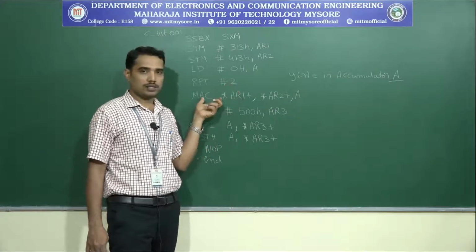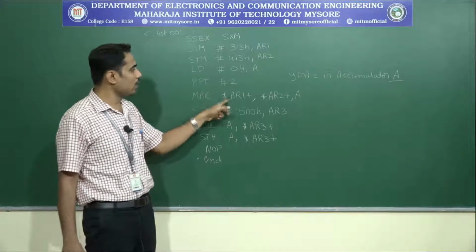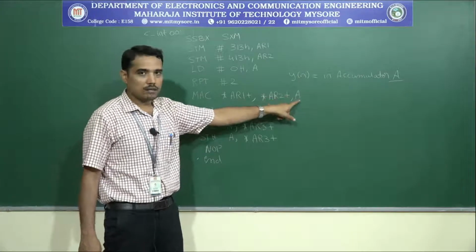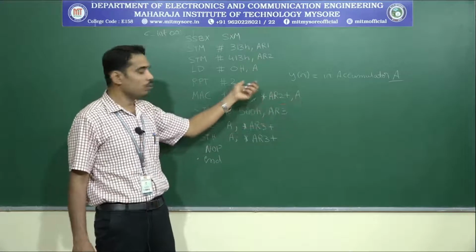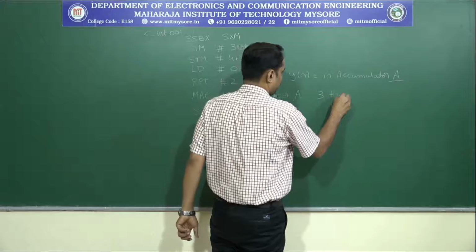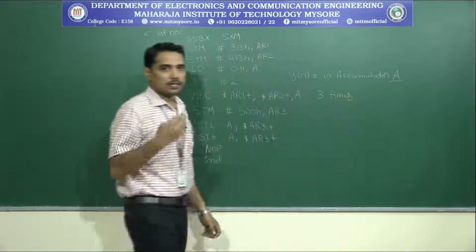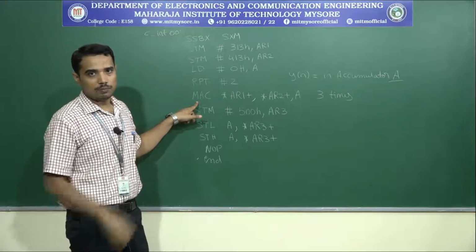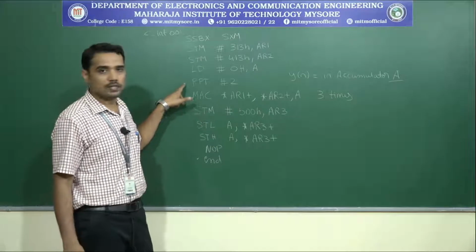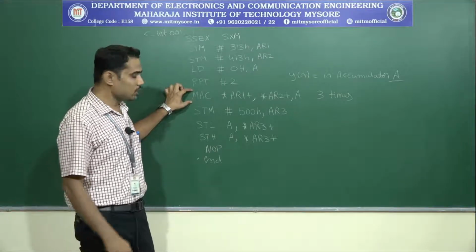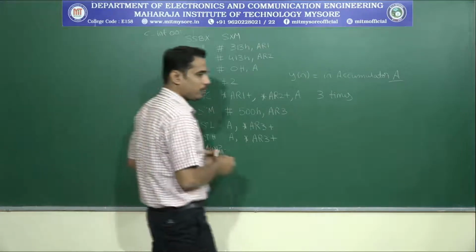This MAC instruction, that is MAC *AR1+, *AR2+, A, will be executed 2 plus 1, that is 3 times, continuously. This was not the case in the previous example, because there we have not used the repeat instruction.